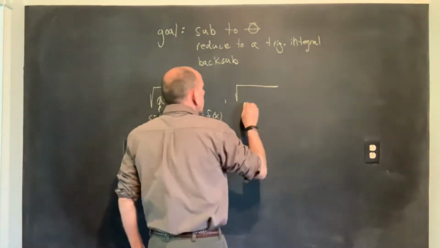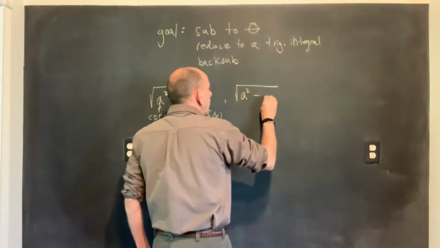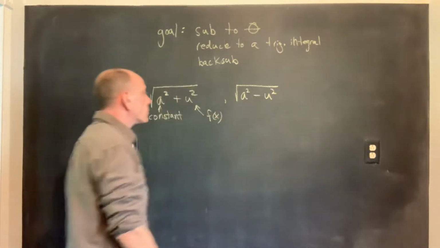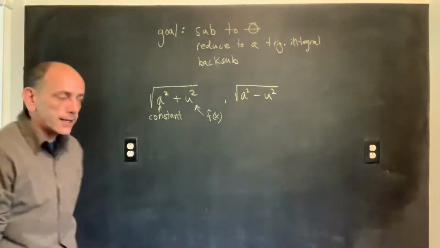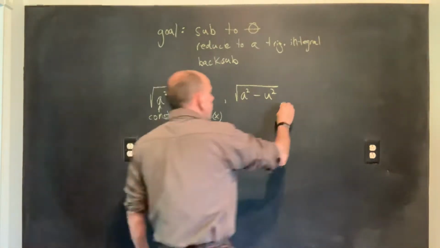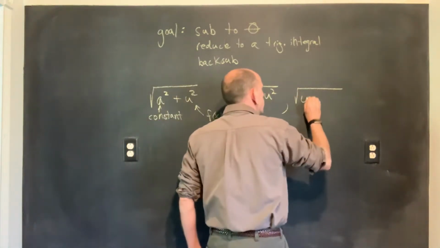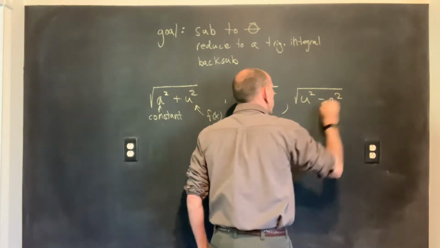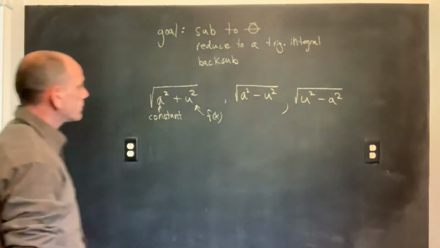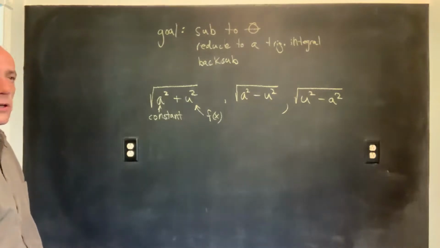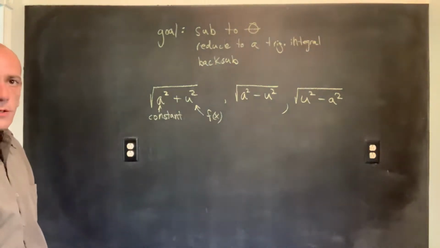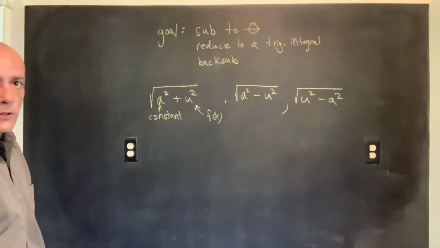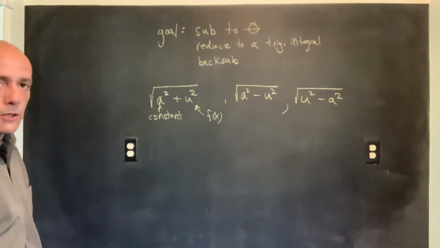Also, a squared minus u squared, the difference of two squares, where your function comes second, and the reverse, u squared minus a squared, where your function comes first. So these are the three types of structures that trigonometric substitution is primarily used for.